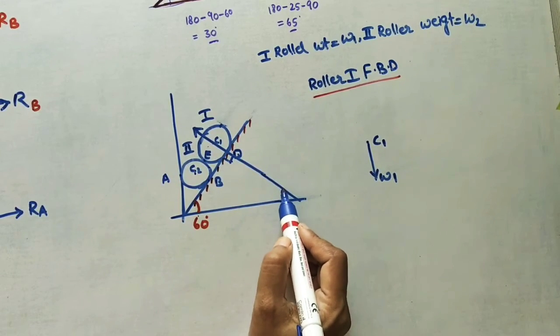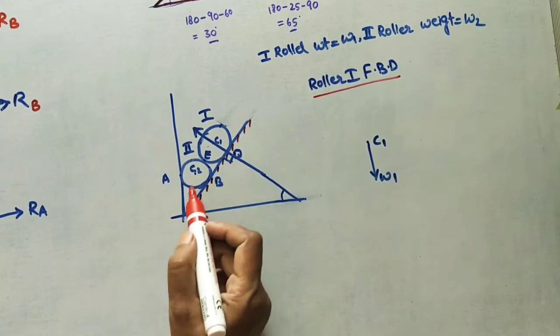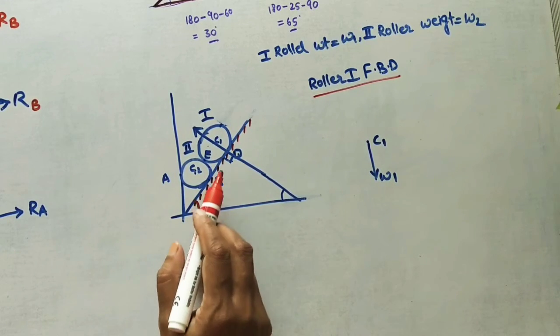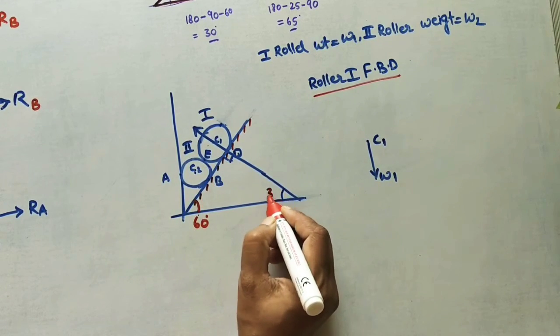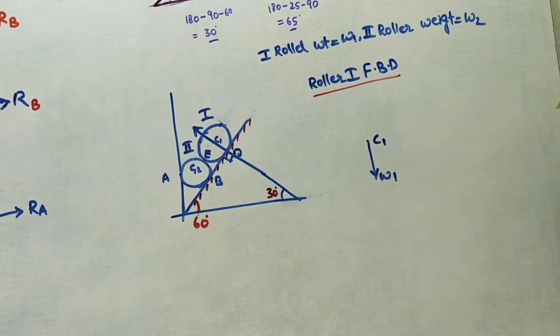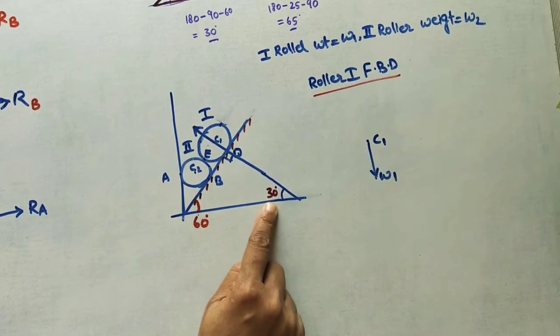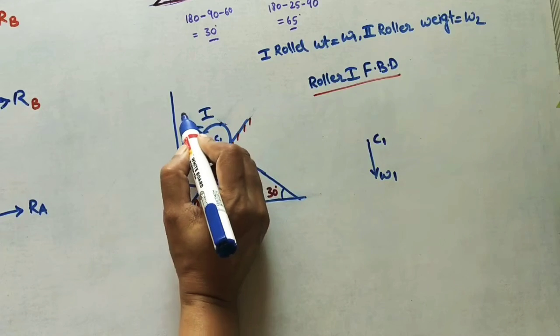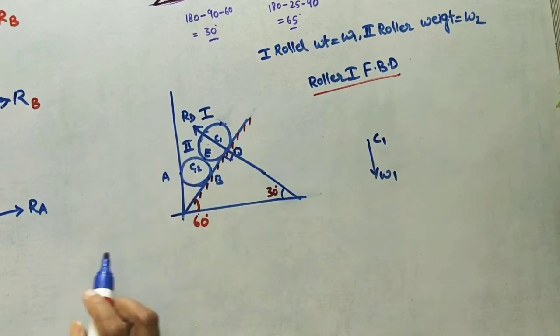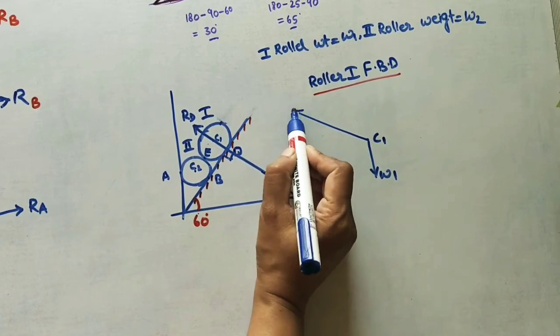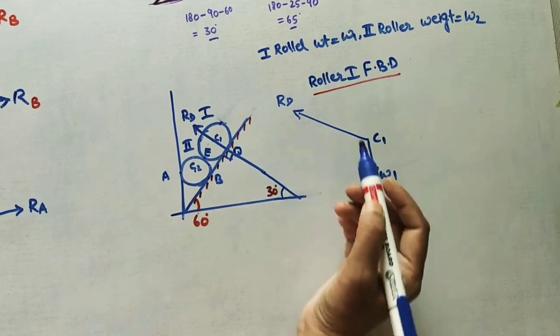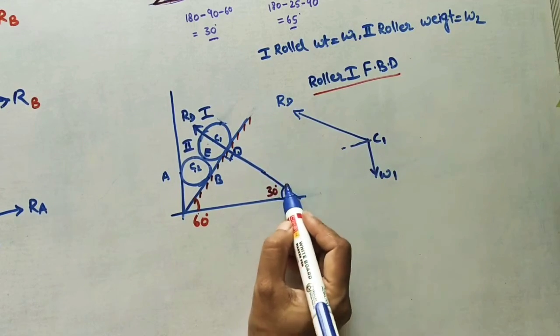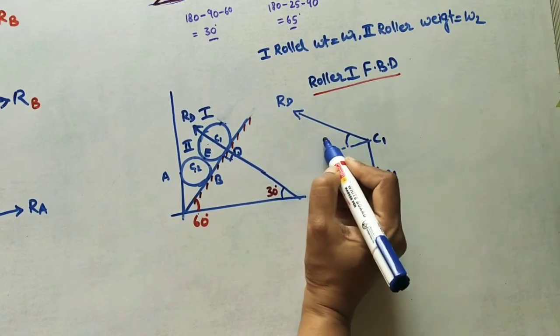What is this angle? The total sum is 180. 180 minus 60 minus 90 means it is 30 degrees. Now RD is making 30 degrees with the horizontal. Here we have to mark RD in this direction. Now just draw the horizontal line. How much angle is it? 30 degrees.